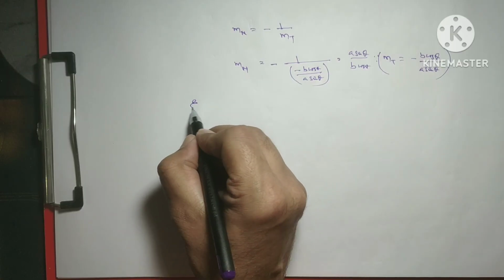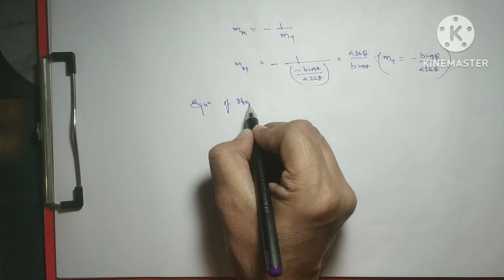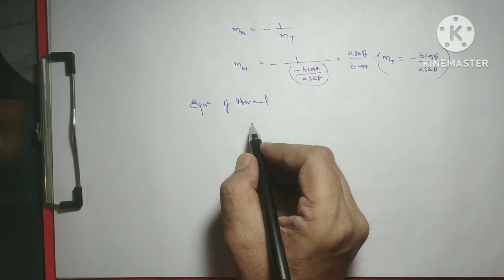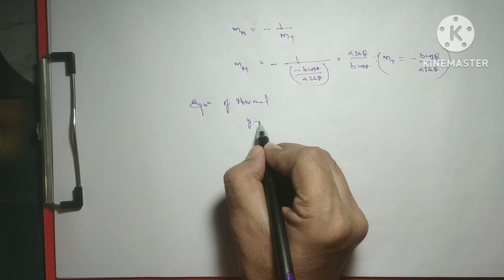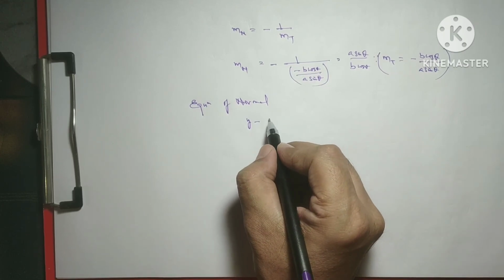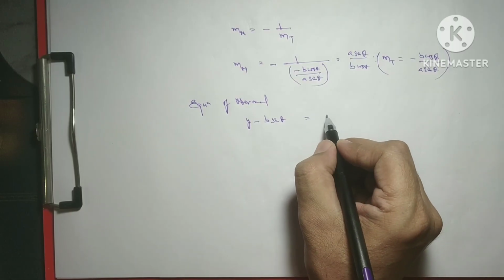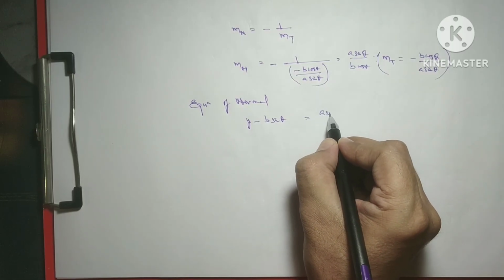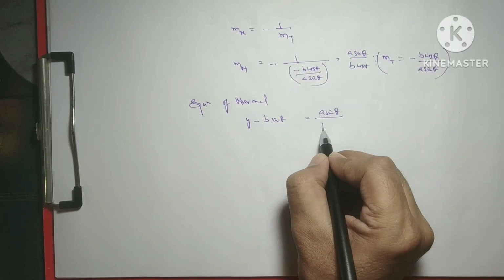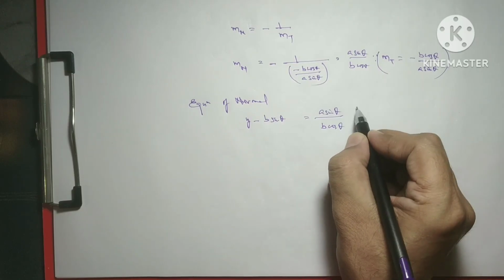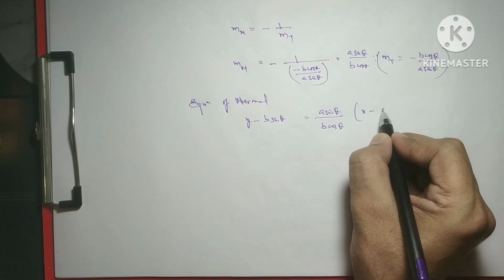Now the equation of normal will be y minus y1, that is b sin theta, equals slope of normal a sin theta over b cos theta, times x minus x1.